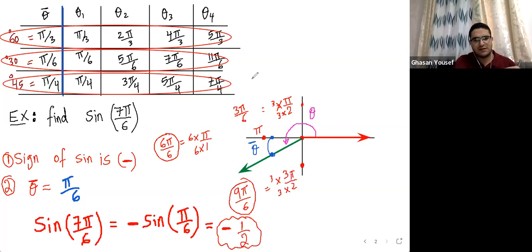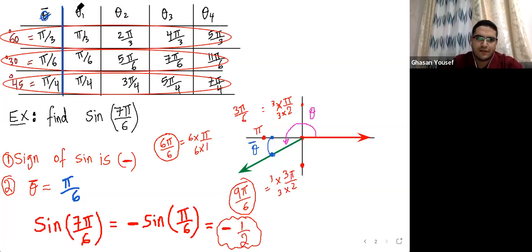And the minus, you can write minus sine of 30. The minus comes from the sign of the sine function, like I said before, and the reference angle comes from this table. This is the reference angle.